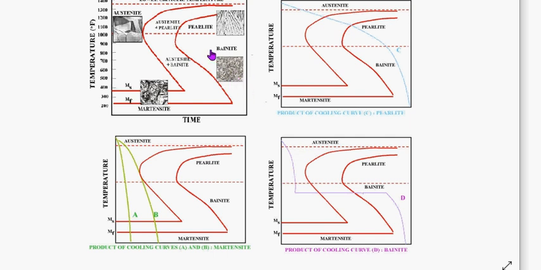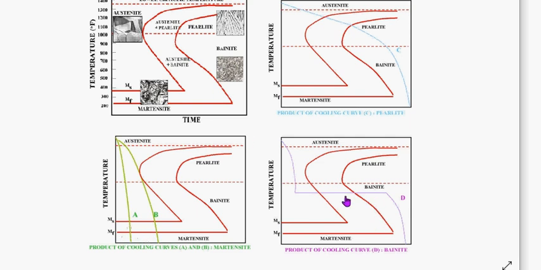Another scenario here is if, for the martensite, the fast cooling final temperature was stopped in between the MS and MF. So our product is going to be what? Austenite and then martensite, since it was not allowed to fully form, because it was not allowed to cross the other S line.